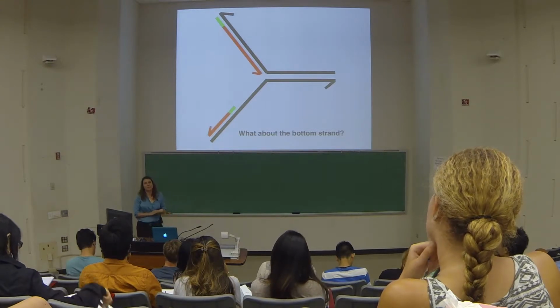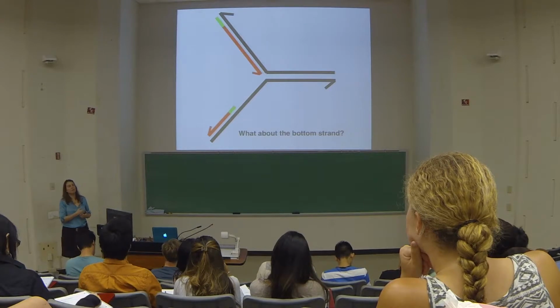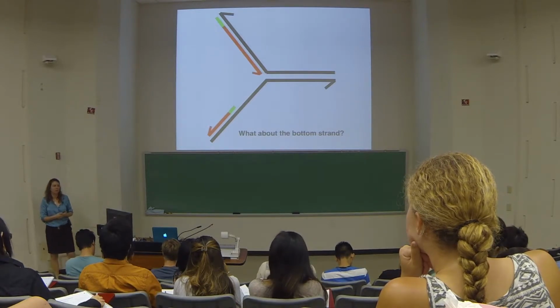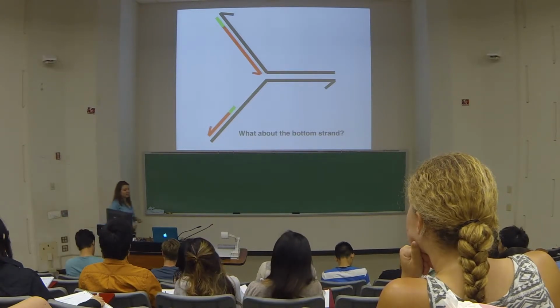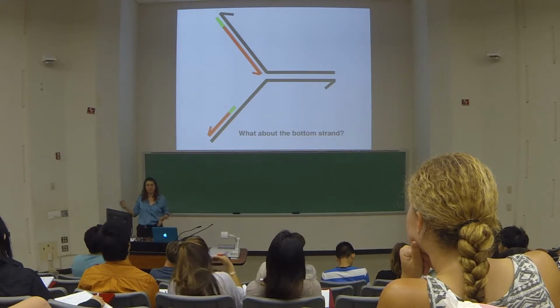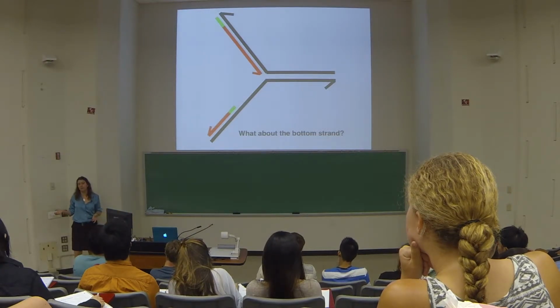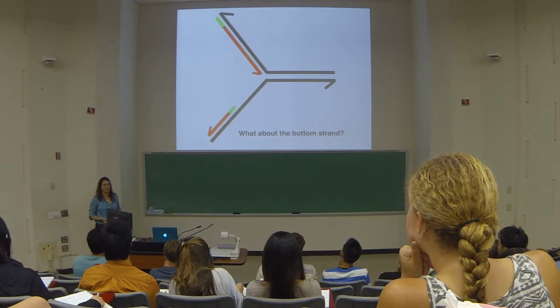On the bottom strand, it's a different situation. It's being synthesized away from the replication fork, which means that as new template is opened up, there's no free 3' hydroxyl for the polymerase to sit down on and begin synthesis.